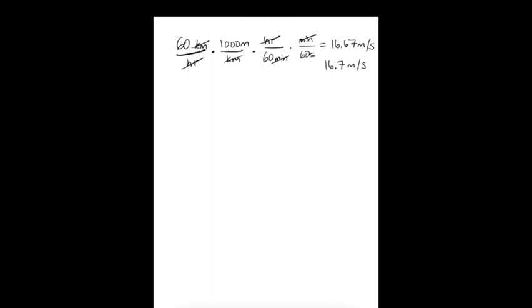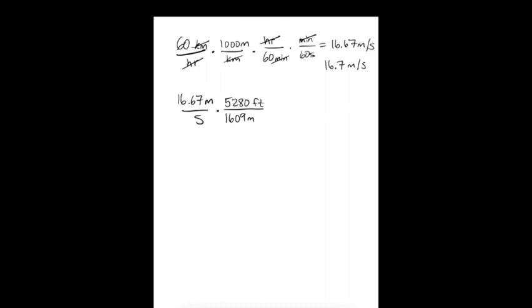Now if we want to convert this answer to feet per second, we then need to convert this answer. So let's start with 16.67 meters per second, and then we're going to have to convert meters to feet. So I know that there are 1,609 meters in a mile, which is 5,280 feet.